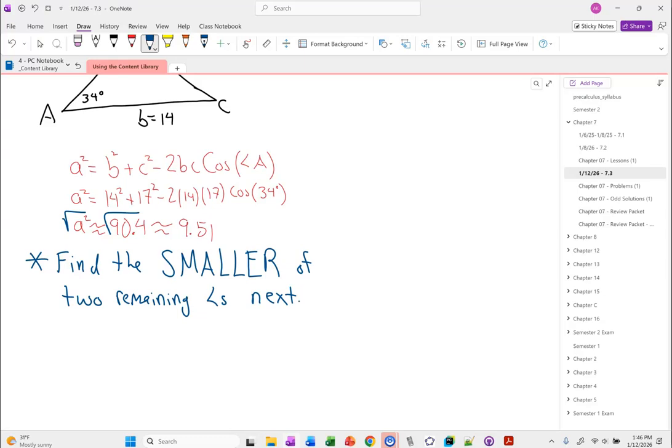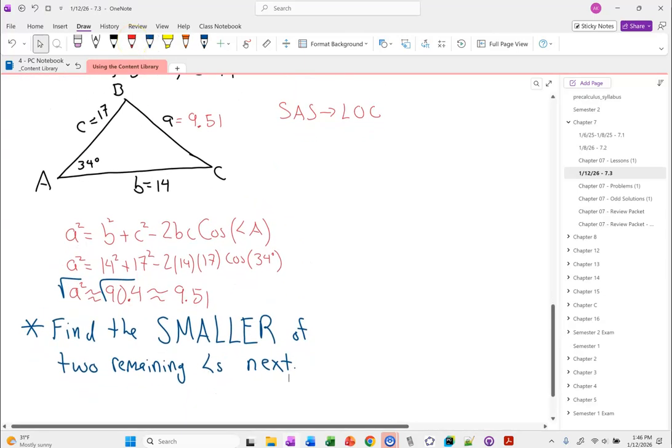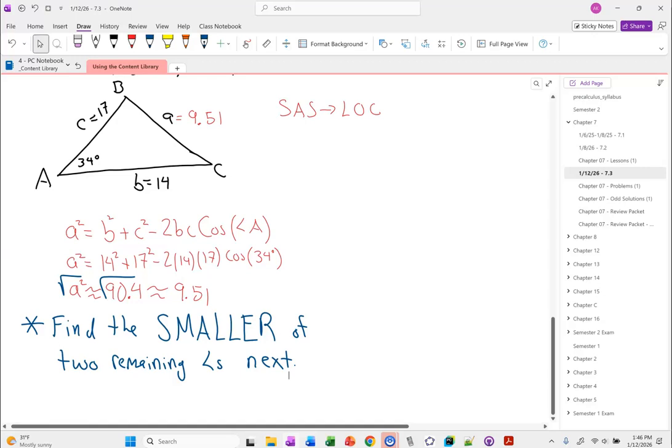So if I look between B and C, which one is going to be the smaller of the two angles? B. Great. How did you know that? Because it has a smaller side. Because the side opposite B is 14, the side opposite C is 17, 14 is less than 17, so angle B should be less than angle C.